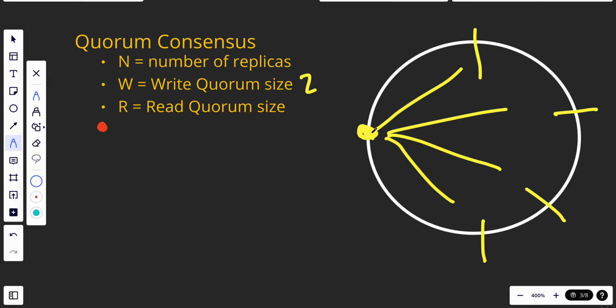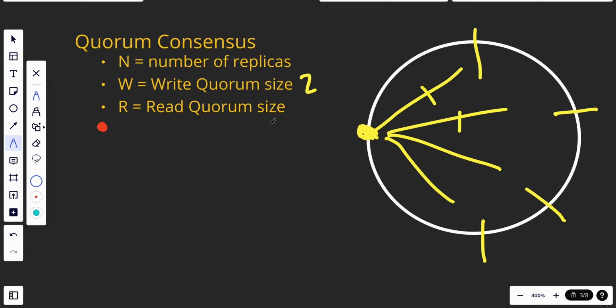If W is 2, let's say we have something called a coordinator, and the coordinator acts like a proxy between the client and the servers. So this coordinator only waits for responses from two nodes to accept and make sure the write operation is successful.